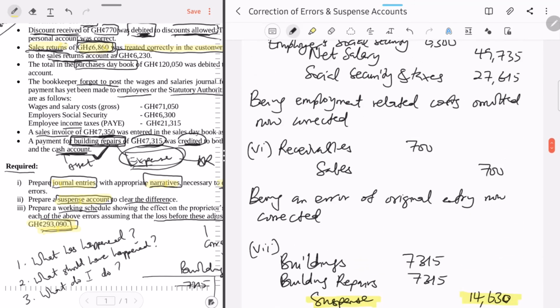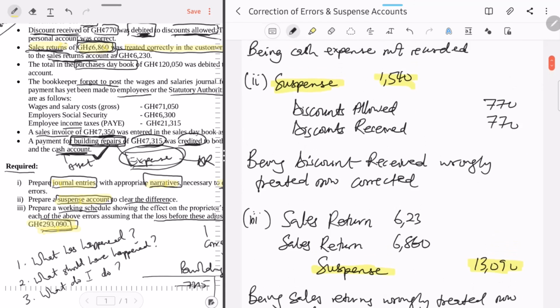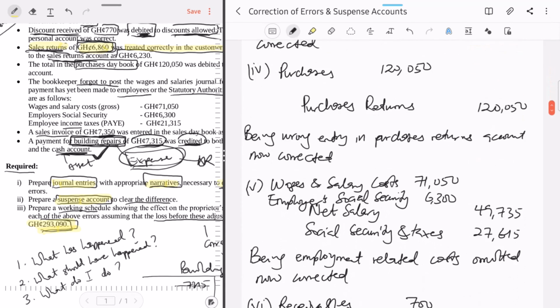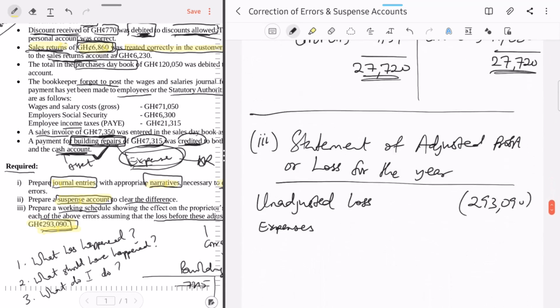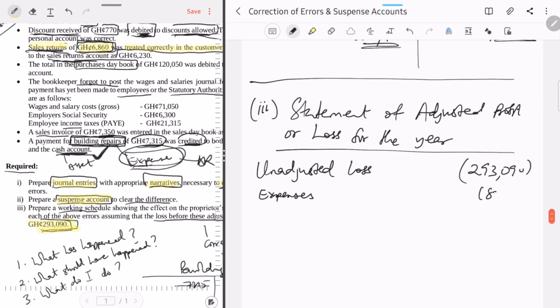What's the figure? It was 826. Good. Because it was debit, I deduct. So 826. You can just write deduct debit, add credits.